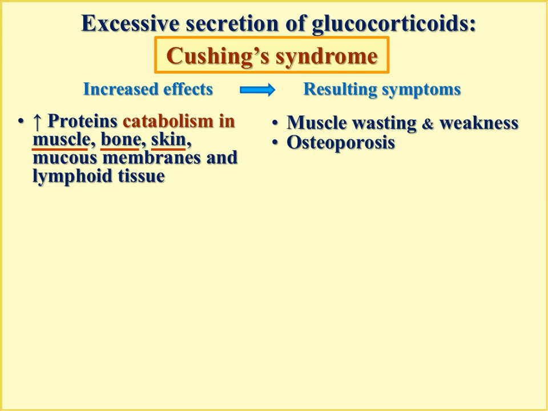In the skin, catabolism of protein in the skin results in skin thinness. Skin becomes very thin and not very elastic, and it can, especially the subcutaneous part of skin, deeper layers of skin, even be ruptured, while the more elastic epidermis remains not ruptured.